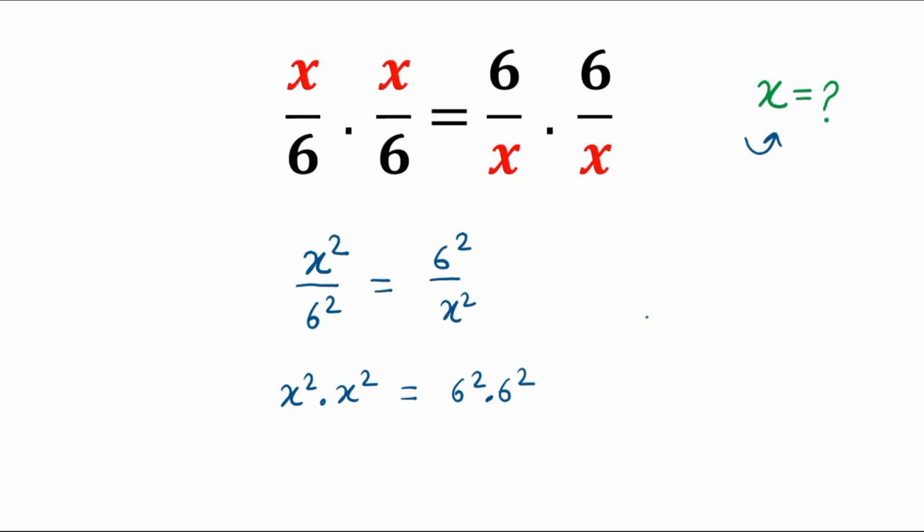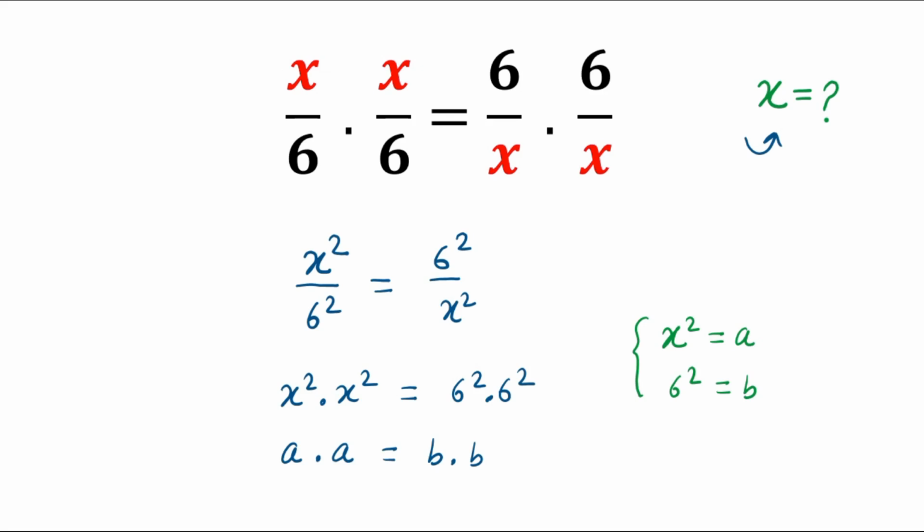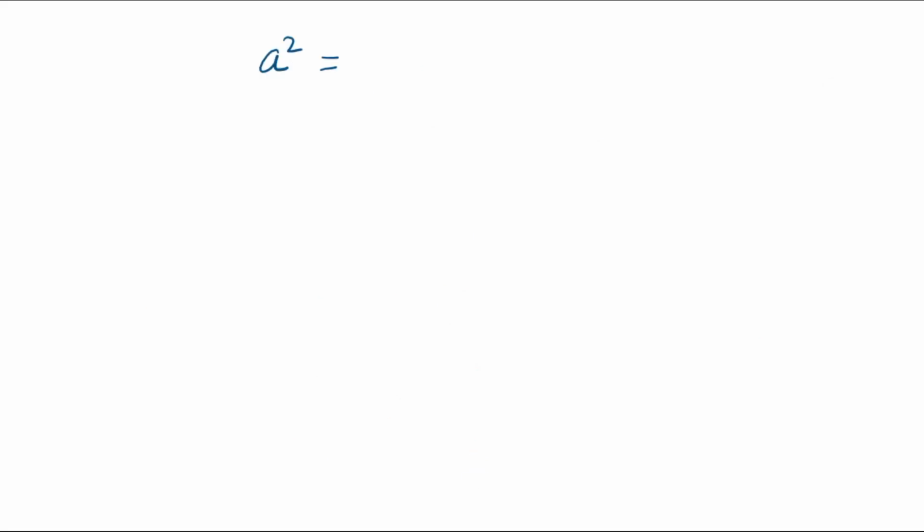Now we will apply substitution, and if we substitute x square equals to a, and 6 square equals to b, then in left hand side x square is replaced by a times a, and this is equals to 6 square replaced by b times b. A times a is a square, and in right hand side b times b is b square.